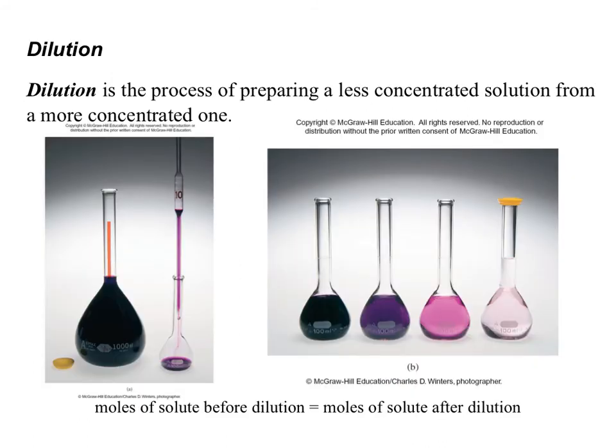Dilution is the process of preparing a less concentrated solution from a more concentrated one. However, the number of moles of solute before dilution is equal to the number of moles of solute after dilution, i.e., we are not changing the number of moles, we are just changing the amount of solvent and therefore decreasing molarity.